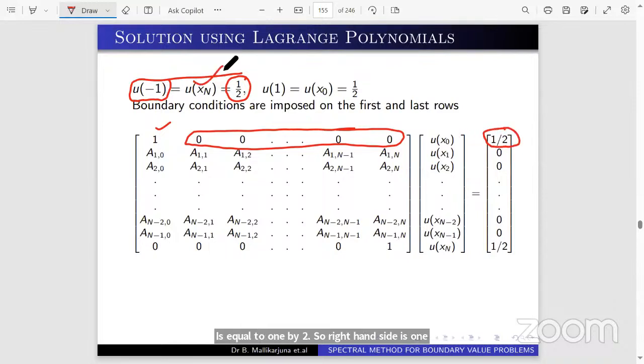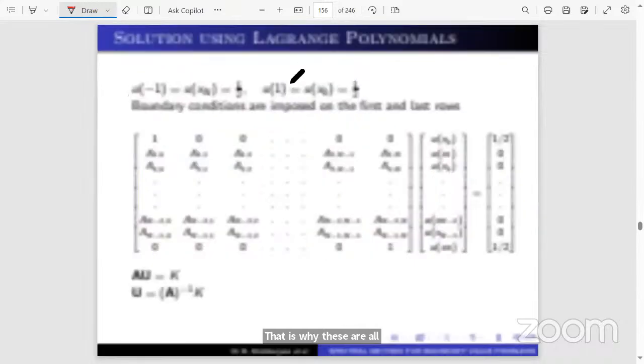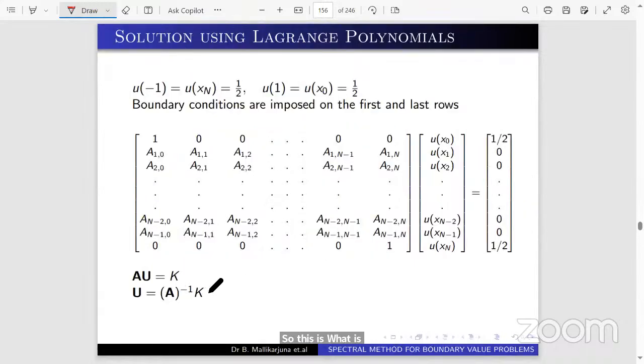Next, u of xn, this is 1, remaining all 0, is equal to 1. In the differential equation, there is no term which is independent of u. That is why these are all 0. So what is this? AU is equal to K. K is nothing but this. Then U is equal to A inverse K.